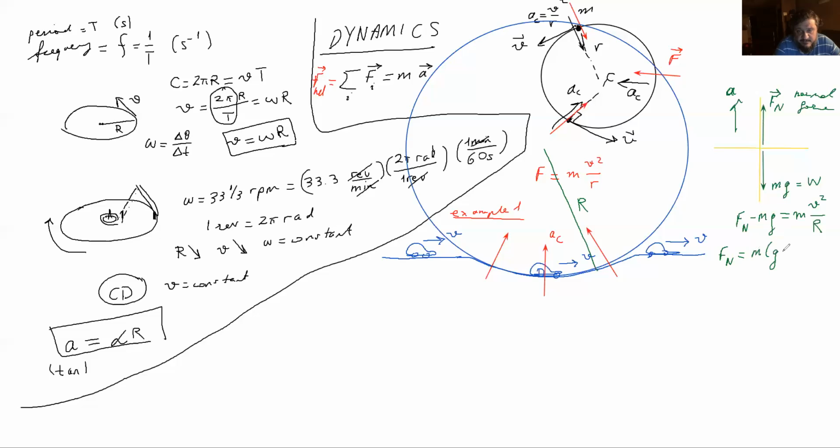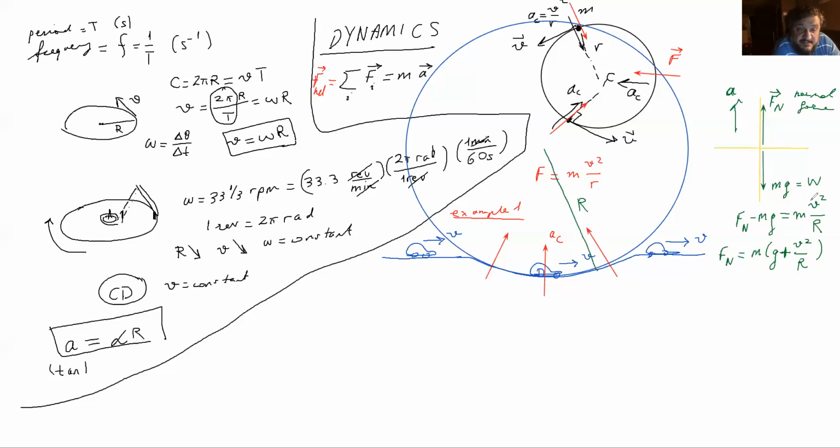It'll be positive, of course: m times g plus v squared over r. Okay, so the normal force at the bottom is going to be greater than the actual weight of the car.